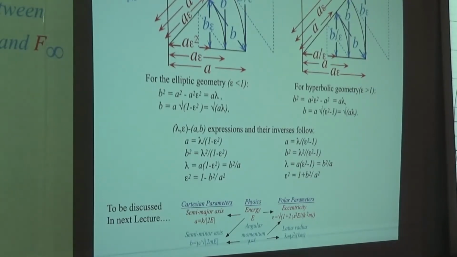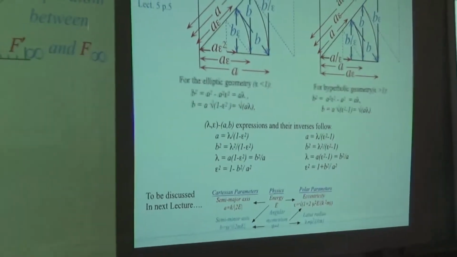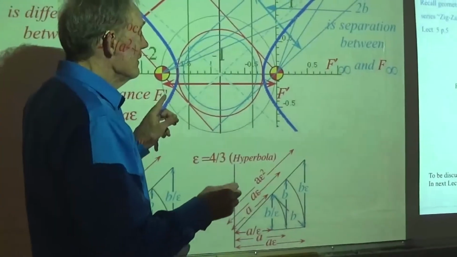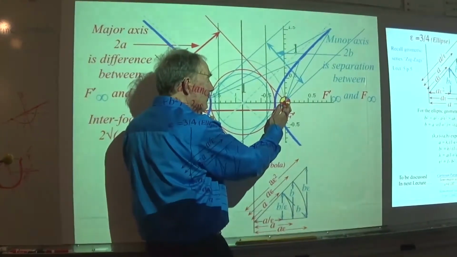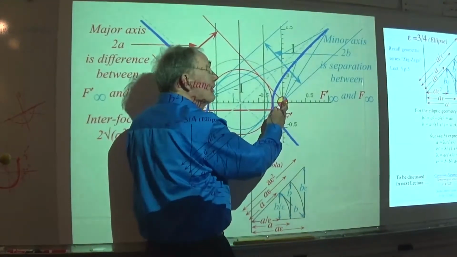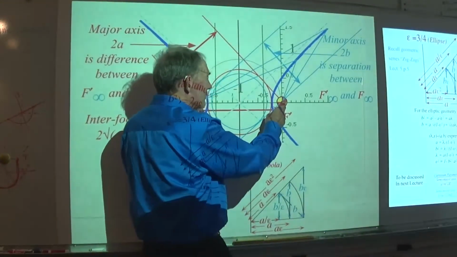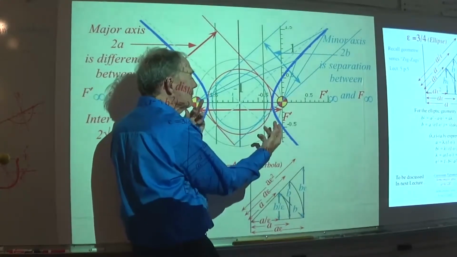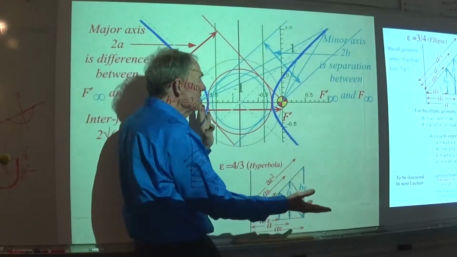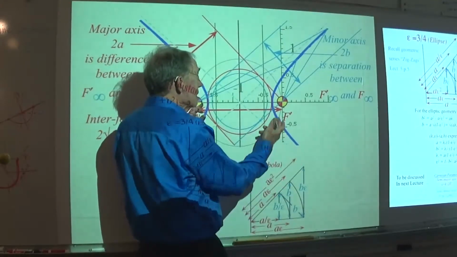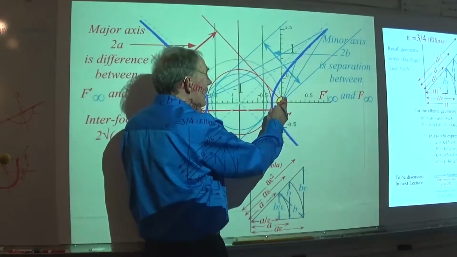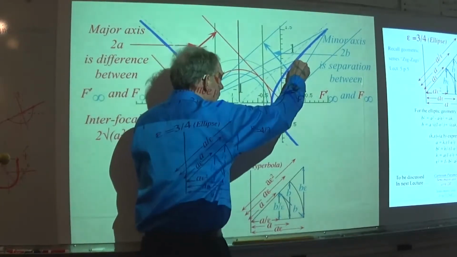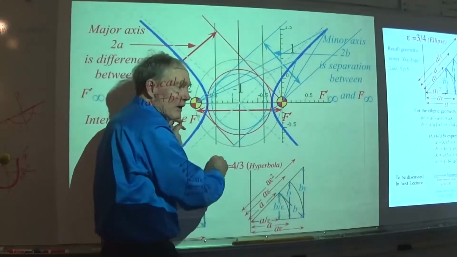But at this point, I want to show you just two of them, A and B. And then the deal is that if I imagine strings attached to the focus, but adjustable, that is, I should build a device, an overhead projector thing, that would draw orbits that were hyperbolic as well as elliptic. Elliptic's easy, you just pin the string here and put it out here, and then you just use it as a compass and it draws an ellipse, right?